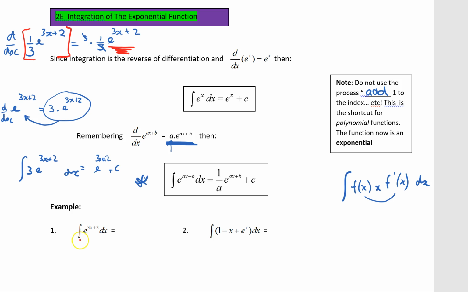So, integrating e to the 3x plus 2 will mean that, yes, it did come originally from e to the 3x plus 2, but there was more to it because there's no evidence of the 3 here. For that 3 to disappear, there had to be a 1/3, like this is suggesting, in the original function. And of course, it's an indefinite integral, so it's plus c.